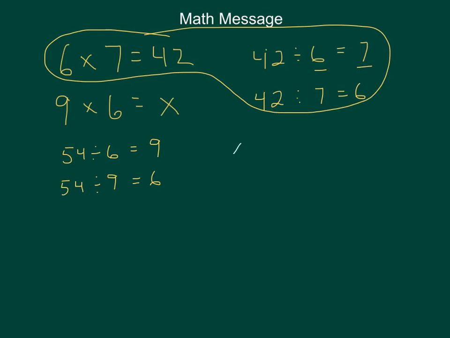So you could have said x divided by 6 equals 9, or x divided by 9 equals 6. Both would be acceptable. If you kept it with the variable over here, you'd still have to solve for x. And one way to think about that would be 9 times 6 equals 54, or 6 times 9 equals 54.